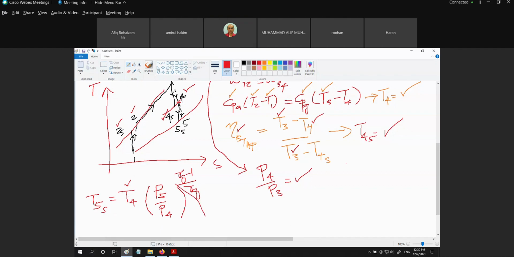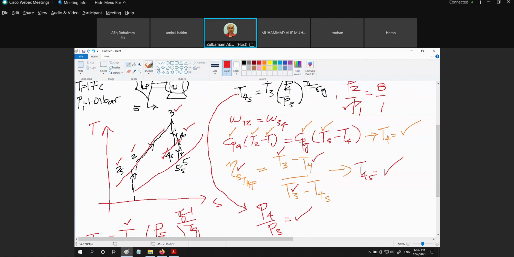So what we need is P5 over P4 in order to solve for 5S. Now, if you look, we have the overall pressure ratio, which is P2 over P1, and we also have the pressure ratio of 4 and 3.